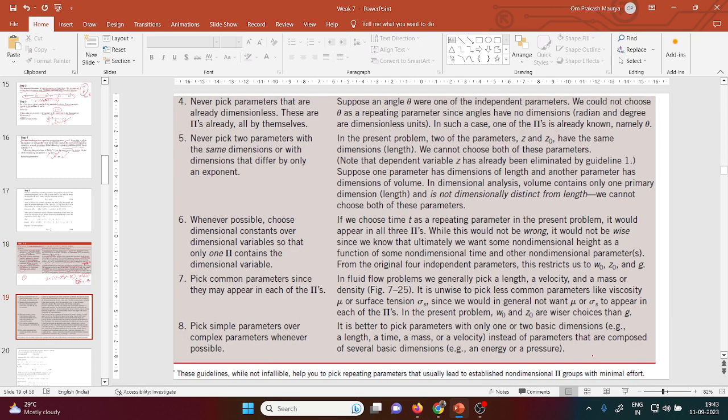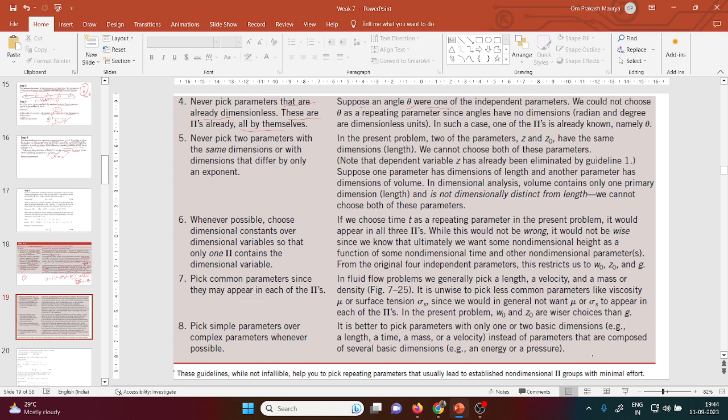So what is 4? Never pick parameters that are already dimensionless. Dimensionless parameters you never pick up. These are pi's already. Suppose an angle theta is one of the independent parameters.